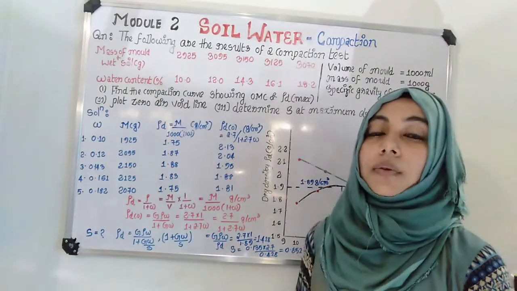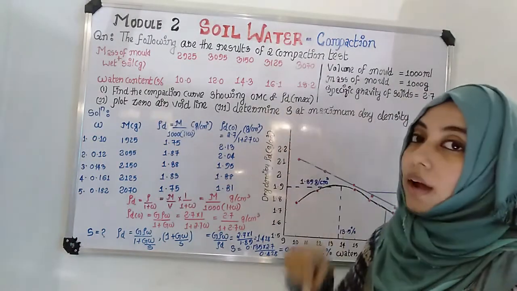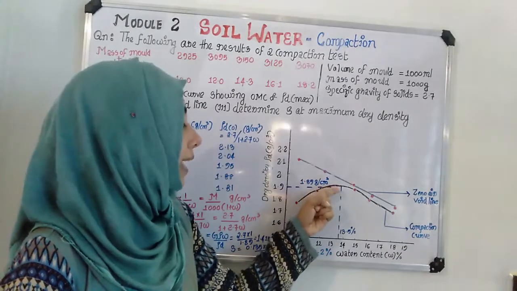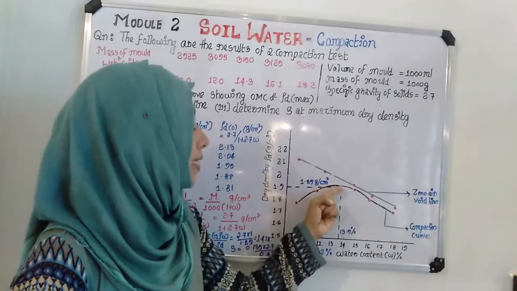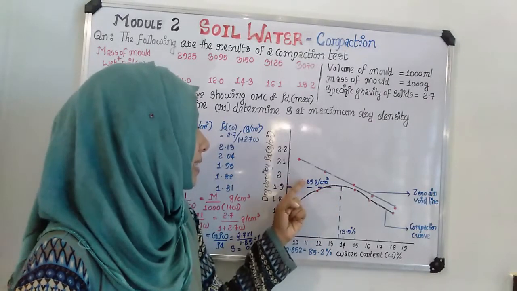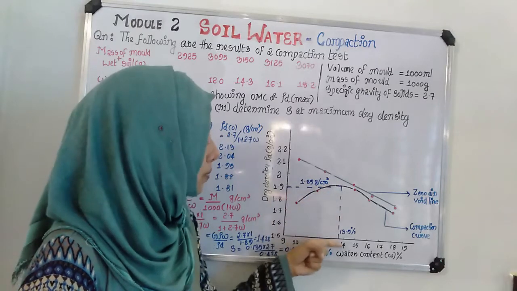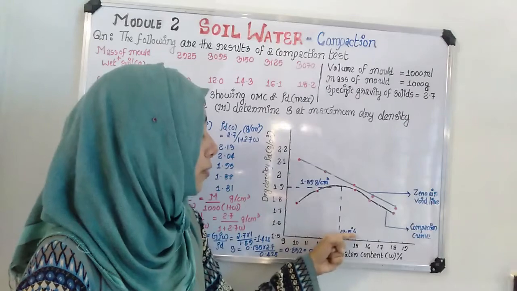Next, our third question is the degree of saturation at maximum dry density. From our compaction curve, we have obtained a maximum peak point, and the dry density corresponding to this point is 1.89 gram per centimeter cube, and the corresponding water content or moisture content is 13.5%.